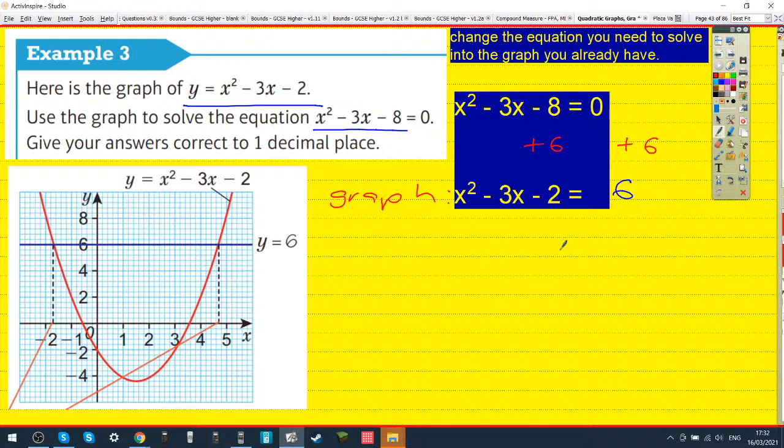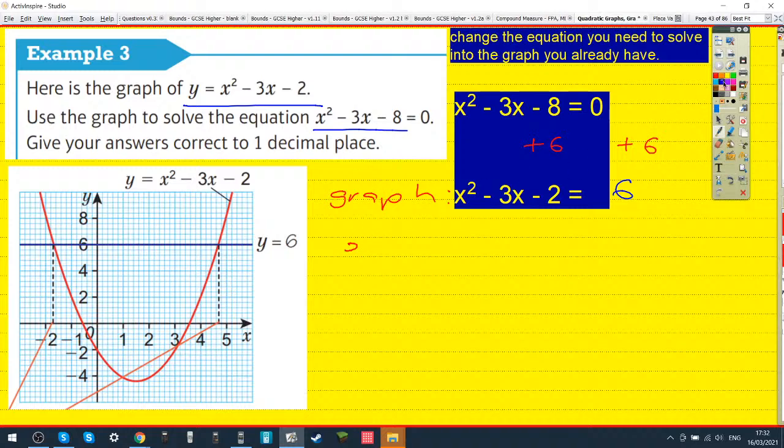Where's the graph equal to 6? It is on minus 2. Yeah, it's close to minus 2.